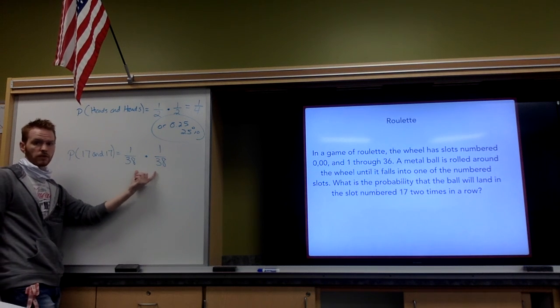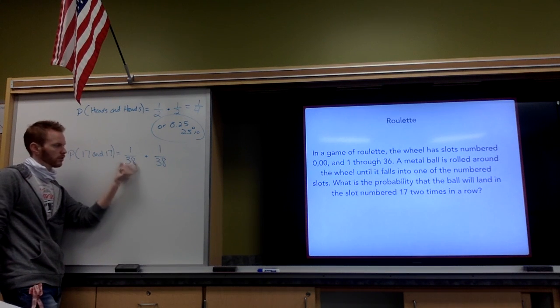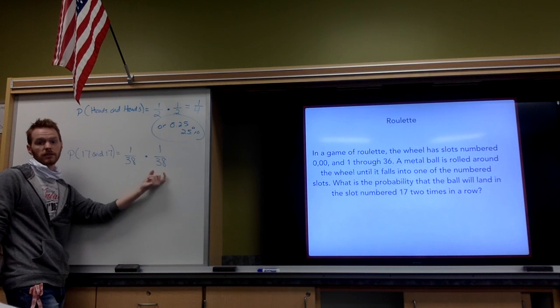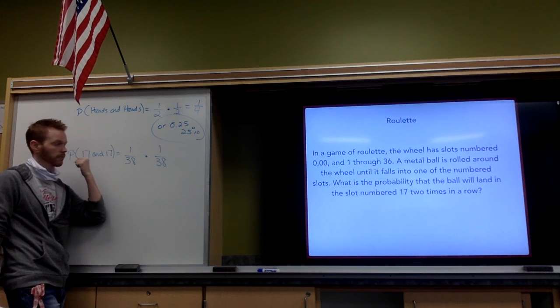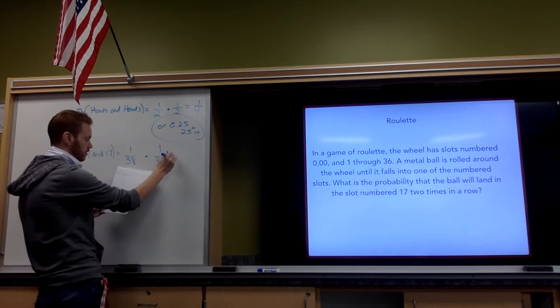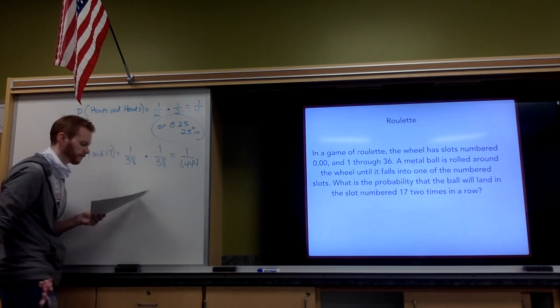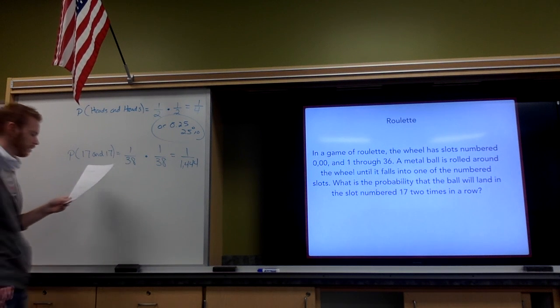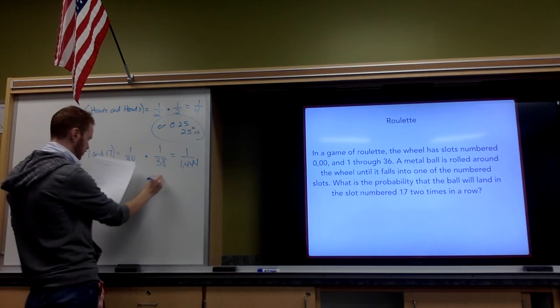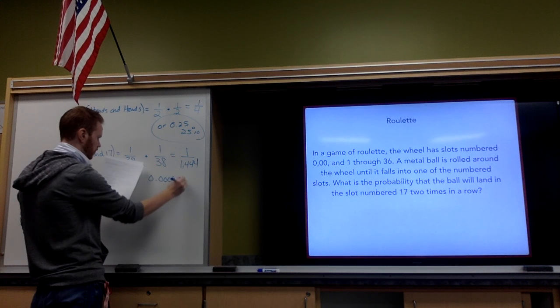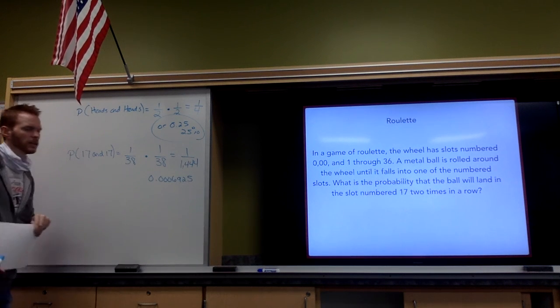Notice, these events are independent of each other, right? You getting this the first time doesn't affect you getting this the second time. Okay? Multiply those across. 1 out of 1,444. Okay? So as a decimal, here's what you get.